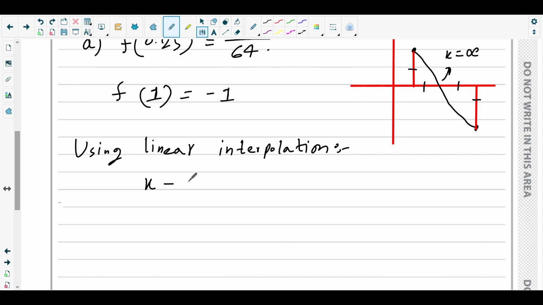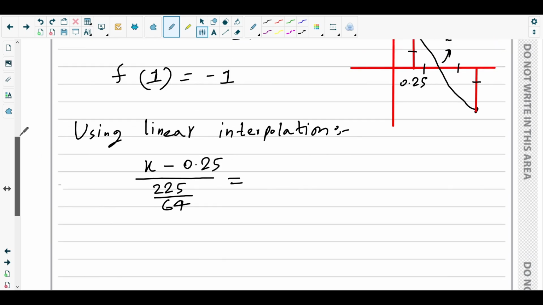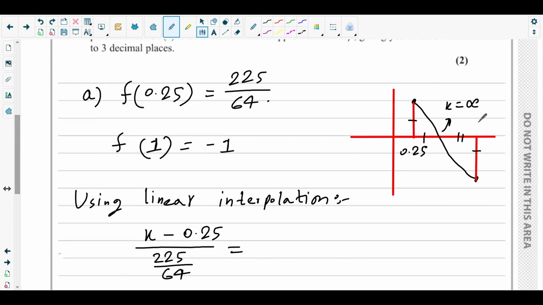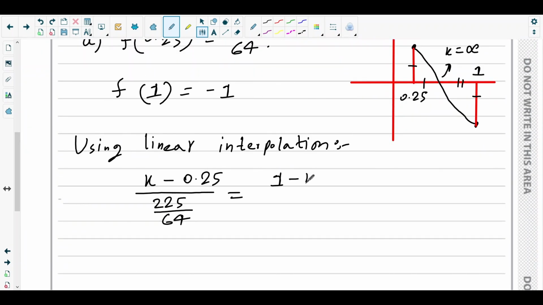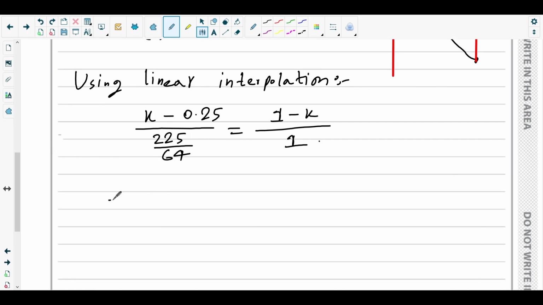Then x minus 0.25, over its height, which is 225 over 64, equals this length, which is 1 minus x, over the height, which is basically negative 1, but we will ignore the sign for now. This is just 1, we are just considering the ratio.